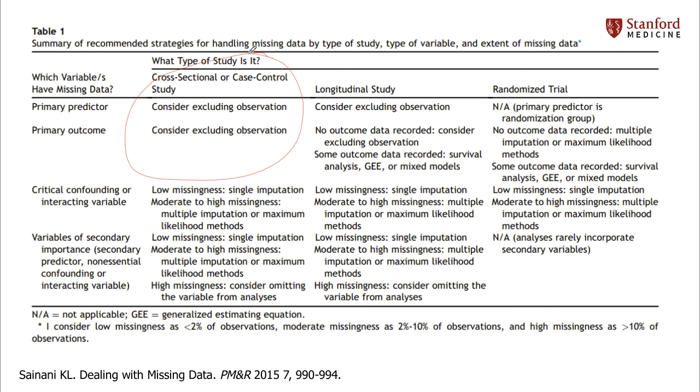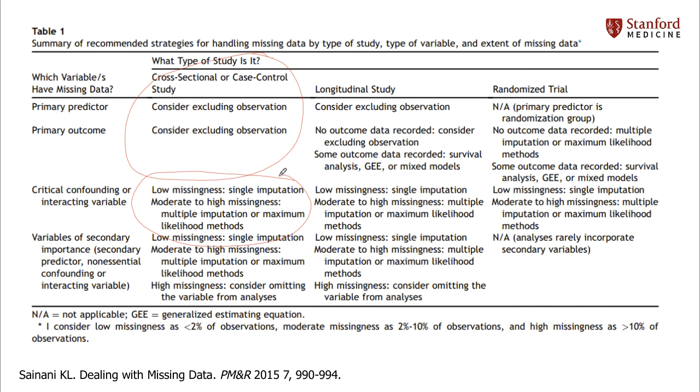They're not going to be informative for your main question. But if someone is just missing data on a key confounder, you're likely still going to include them, but you're going to impute their value for that confounder. If there's very low missingness, single imputation is just fine. If there's more moderate to high missingness, you're probably going to want to use multiple imputation.